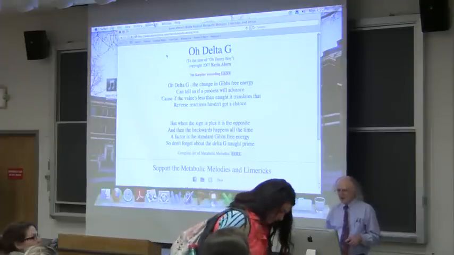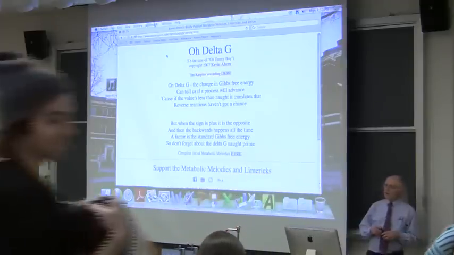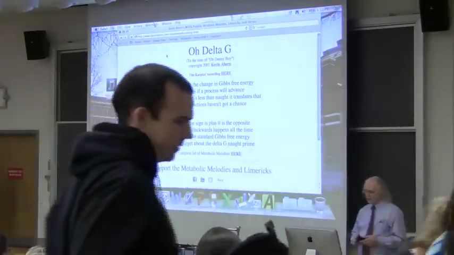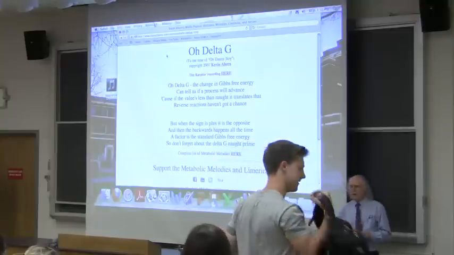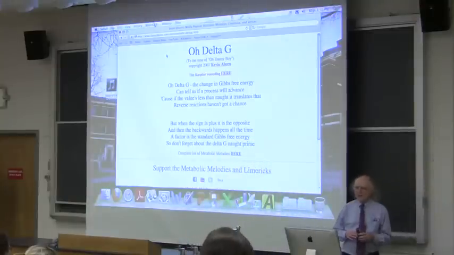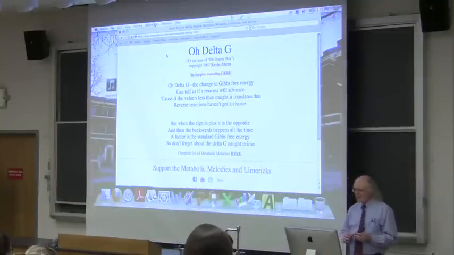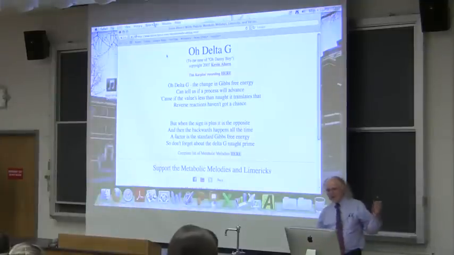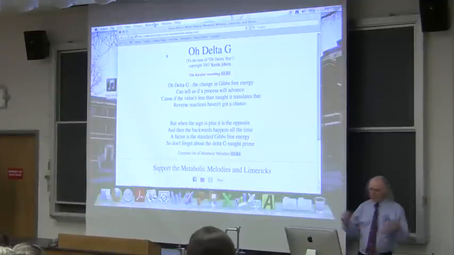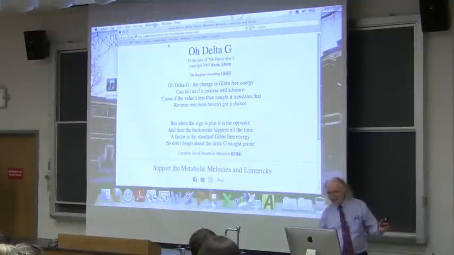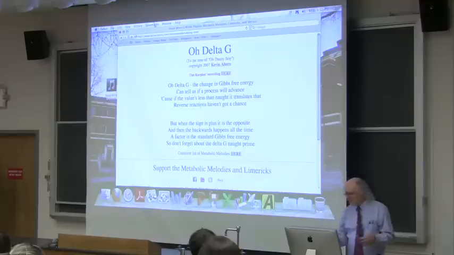O delta G, the change in Gibbs free energy, can tell us if a process will advance. 'Cause if the value's not less than naught, it translates that reverse reactions haven't got a chance.